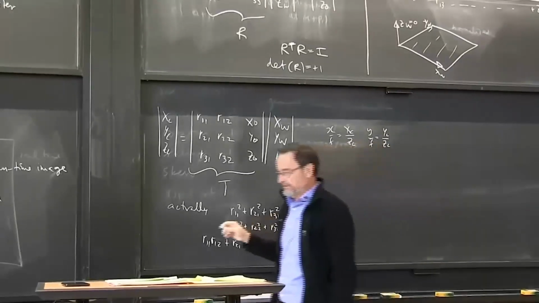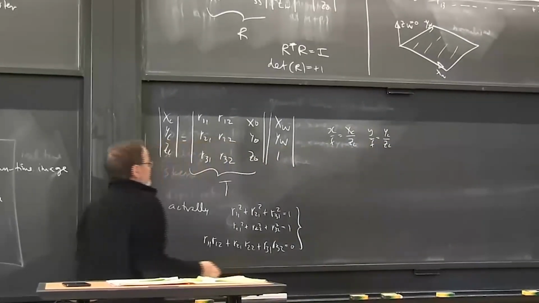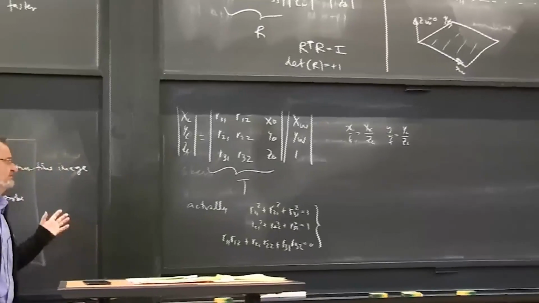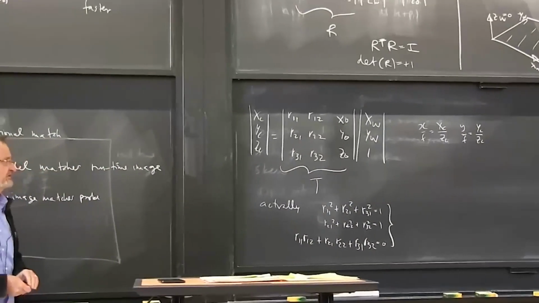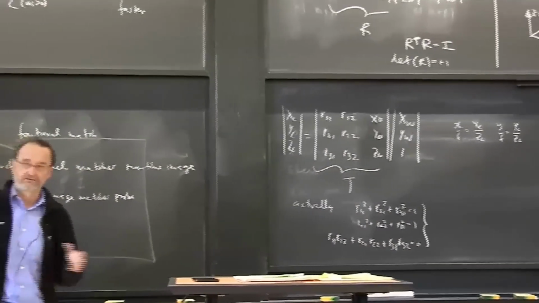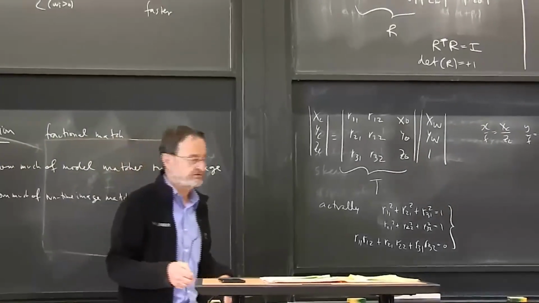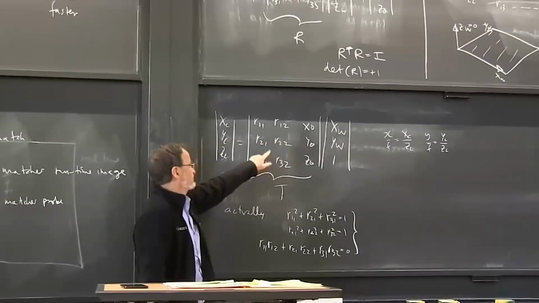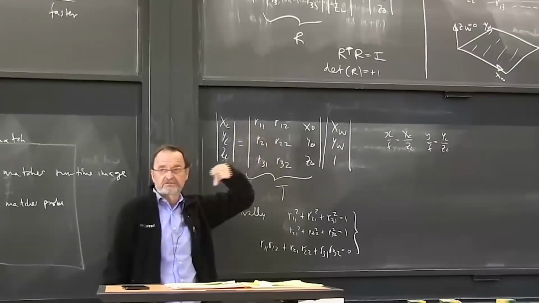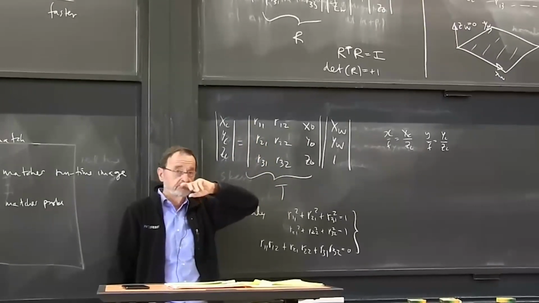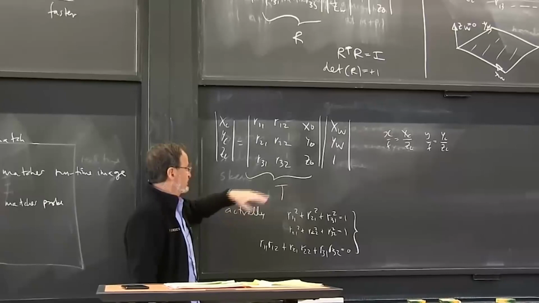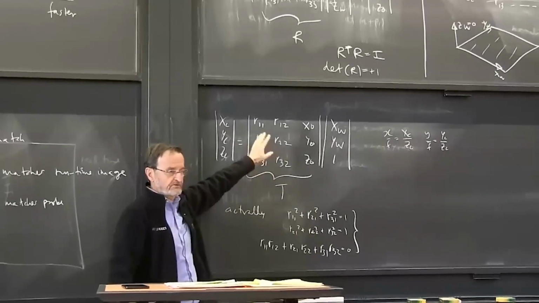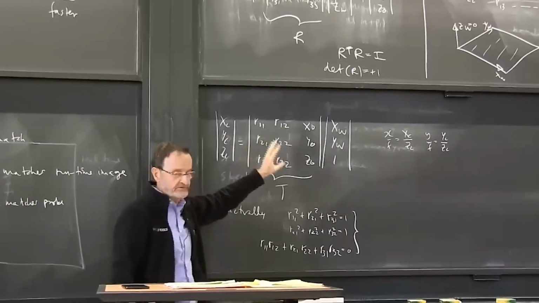And so that means that if I take the camera coordinates and multiply them by some arbitrary non-zero factor, nothing changes. And of course, that's the scale factor ambiguity we already talked about. What does that mean? Well, one thing it means is that you can take this matrix and multiply it by some arbitrary non-zero constant, and nothing changes. So that's another sort of clue that this is a funny kind of matrix.